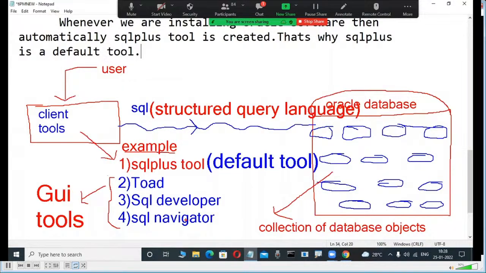We are learning about the collection of DB objects. That's all, at least a first-time idea.